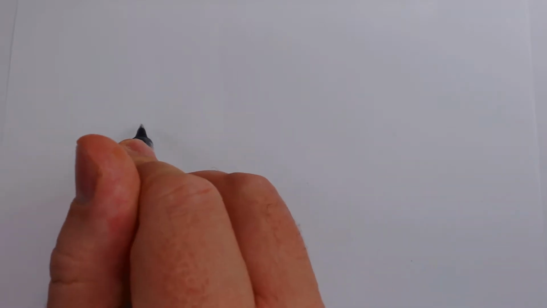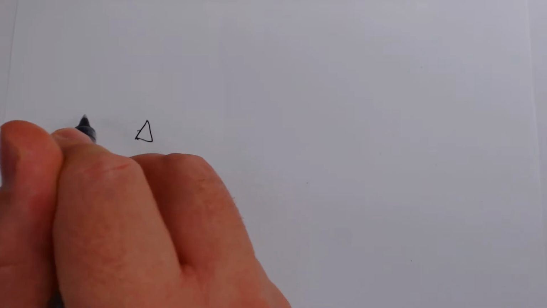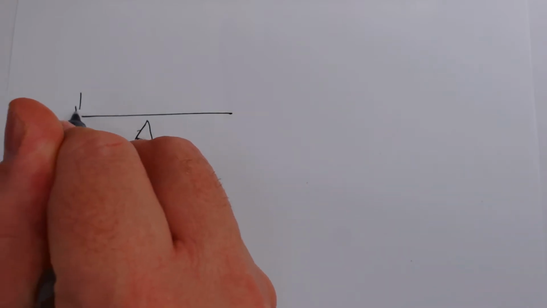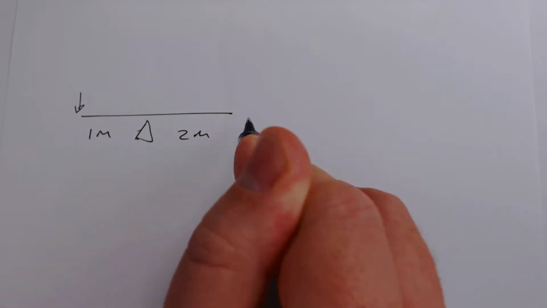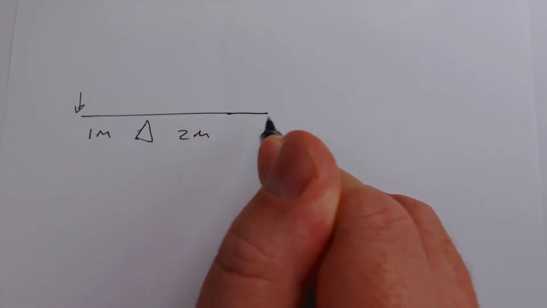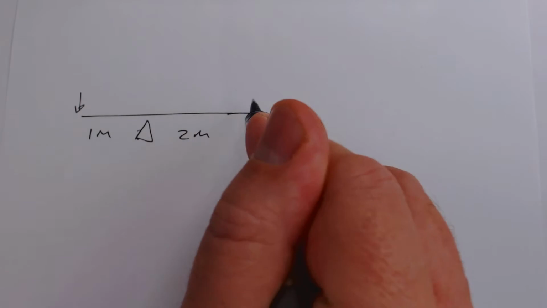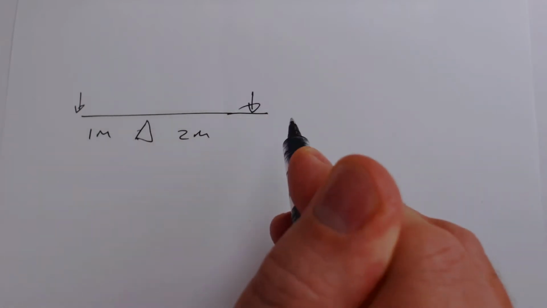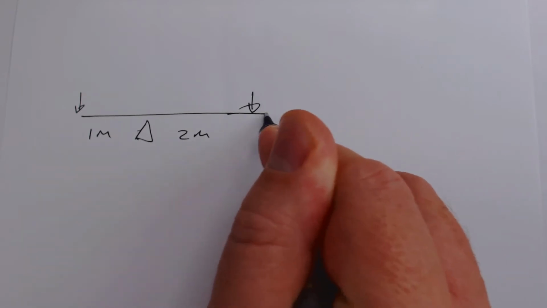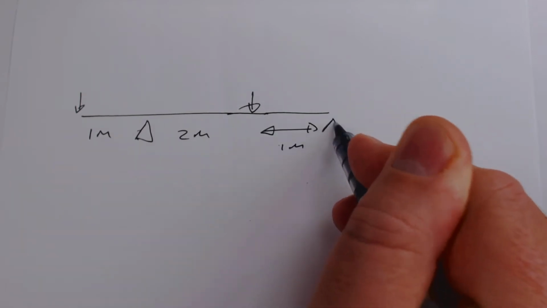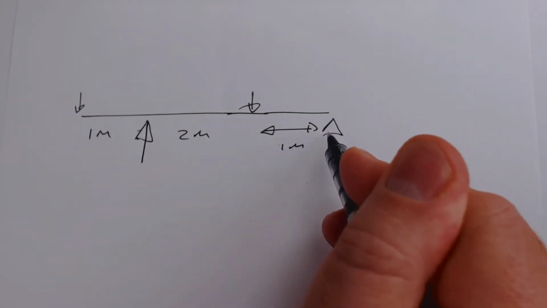Another case to consider is, what if we had 1 meter here, 2 meters here, so we've got a load there, and then another 1 meter to this other pivot there.